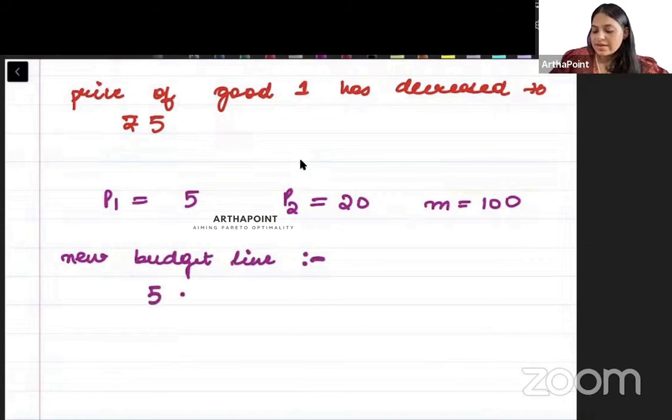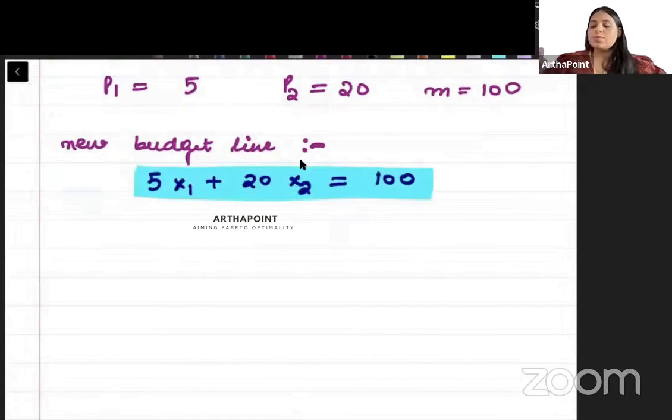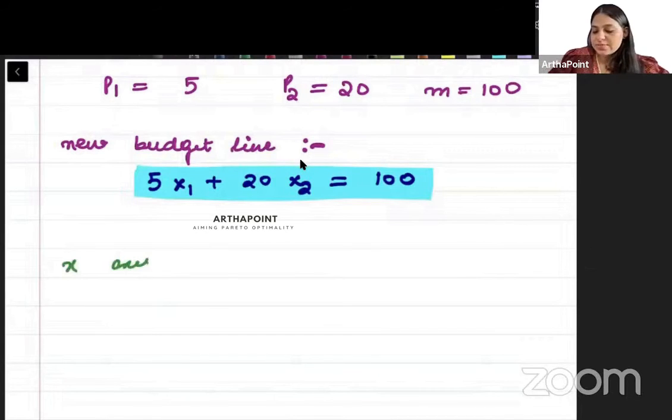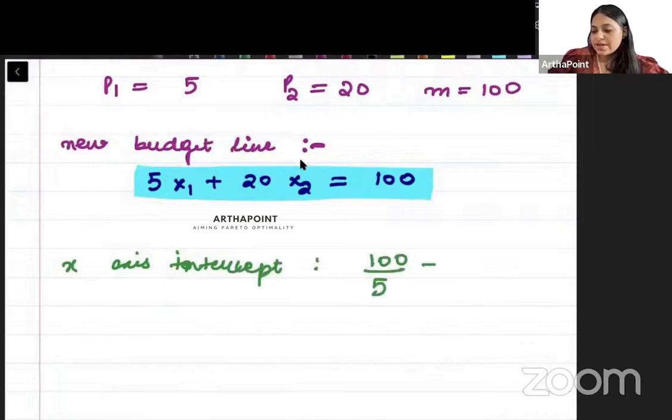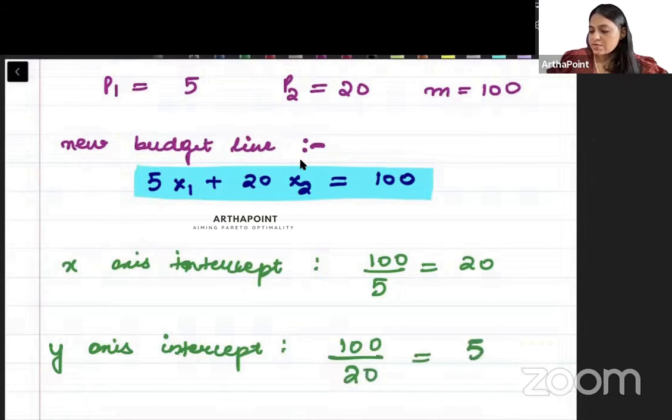P1 X1 plus P2 X2 is equal to income of consumer. What will be your x-axis intercept? Very simple. Income divided by price, 20. What will be your y-axis intercept? Income divided by price, 5.